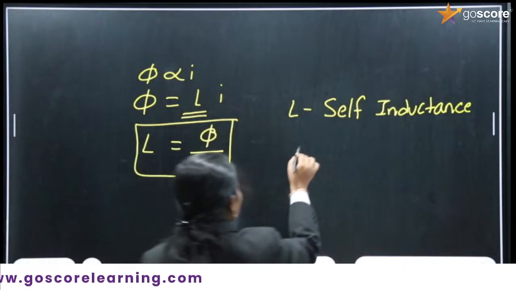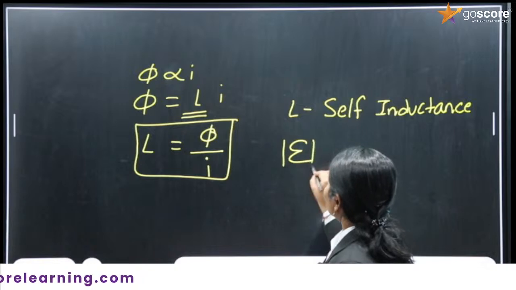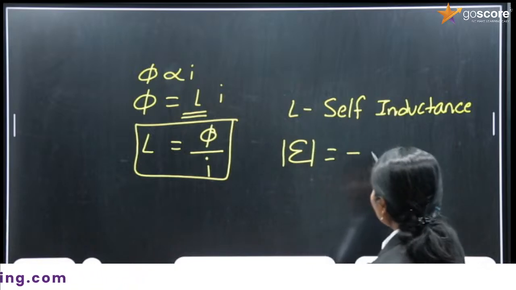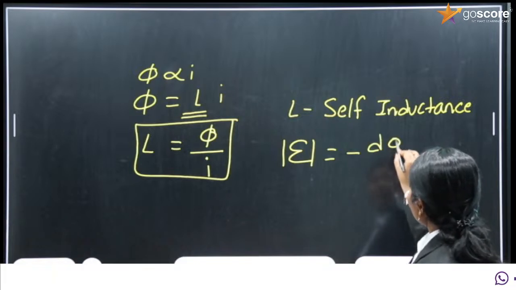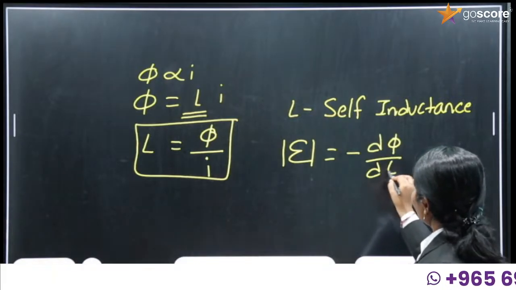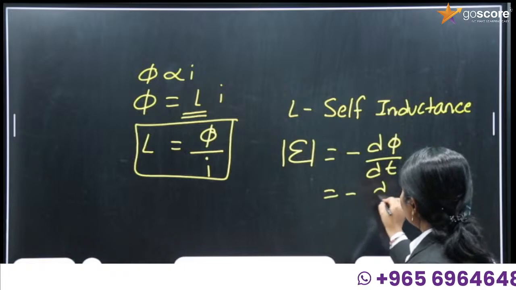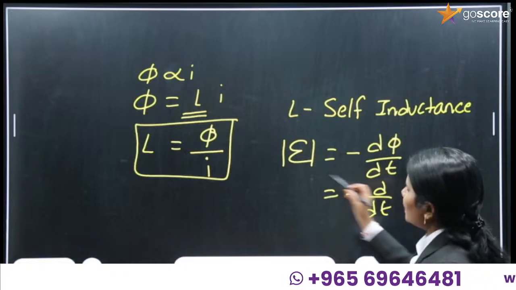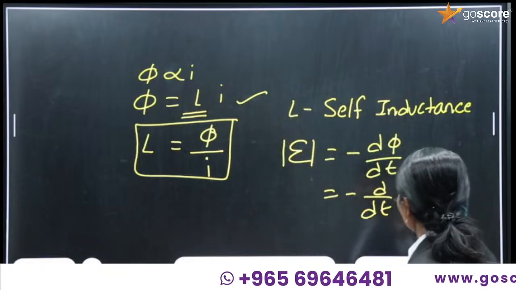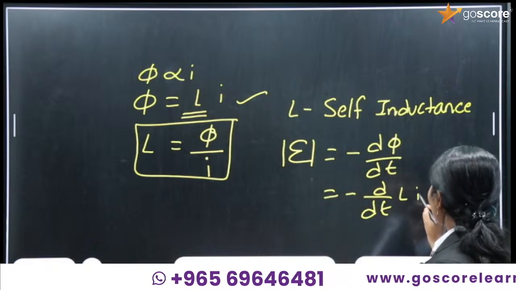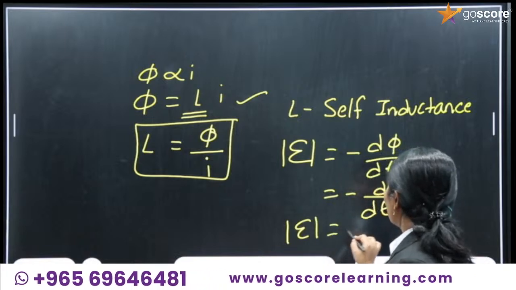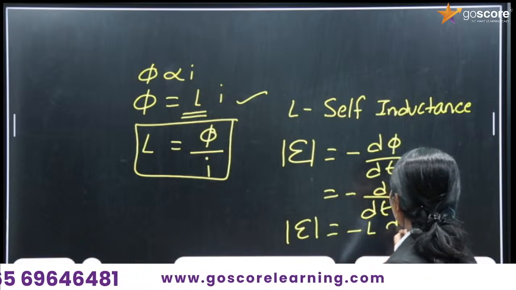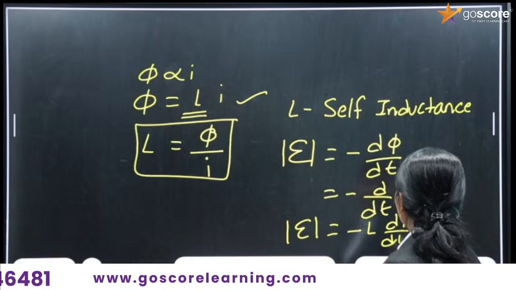Then we know that E is equal to minus d phi by dt. What is the phi value? Phi is L I. Then E is equal to minus L, which is constant, times di by dt.